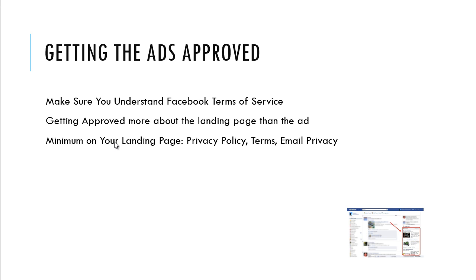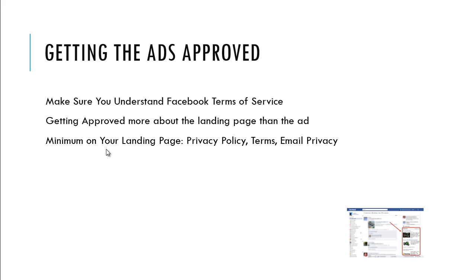And I'm going to share with you probably the number one mistake that people make when they start advertising on Facebook, and that is making sure that your landing page has these three basic, essential things. You should have these things on your website anyway, whether or not you're advertising on Facebook.